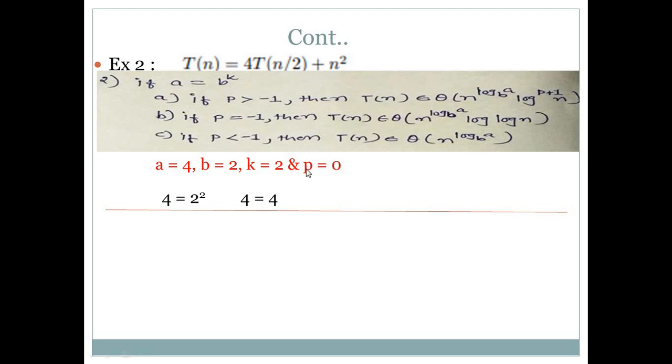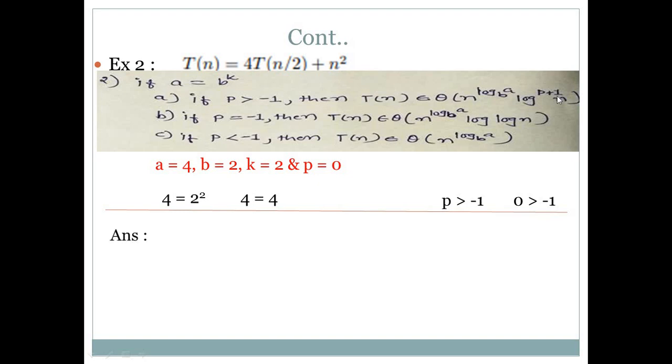So our p is equal to 0. So we can apply this first case, because our 0 is greater than -1. Yes, this is right. So we can apply this first case and its answer will be n raised to log a at the base b into log power p plus 1 n.